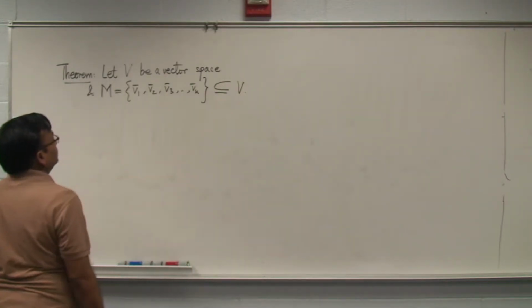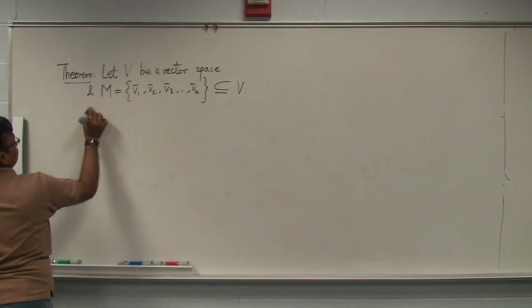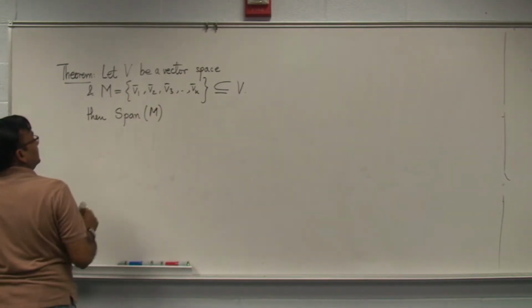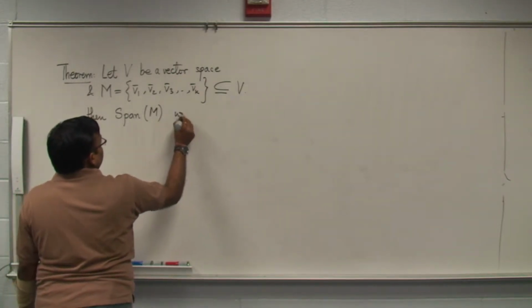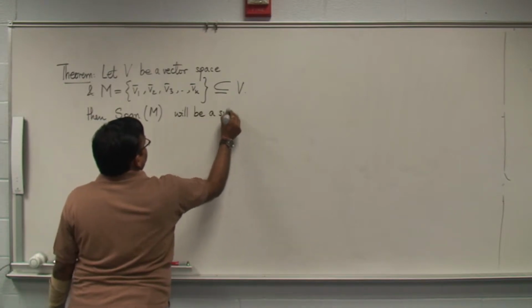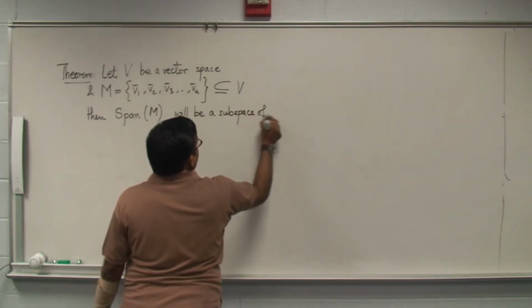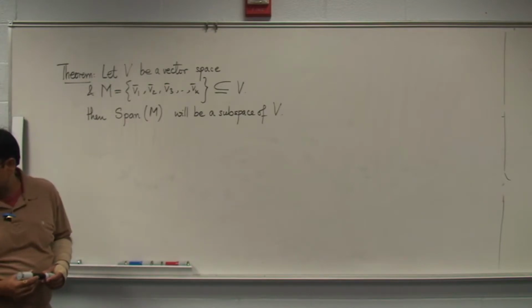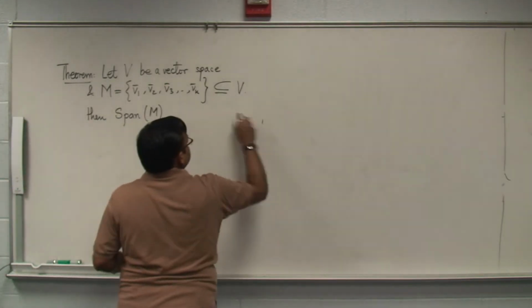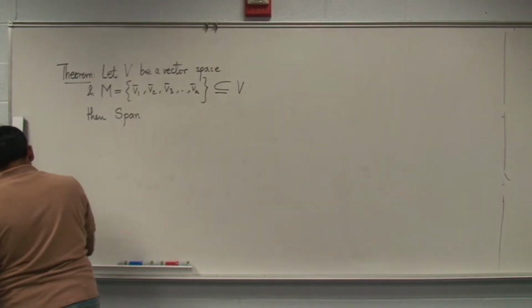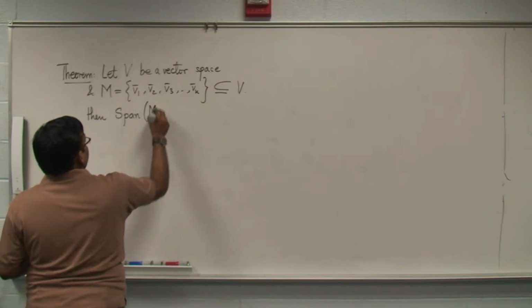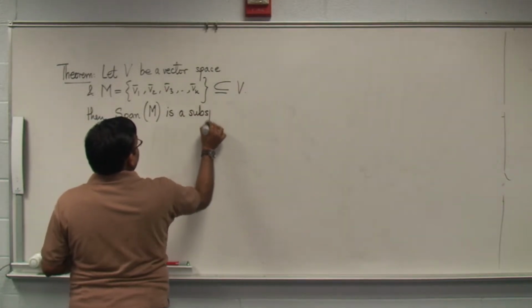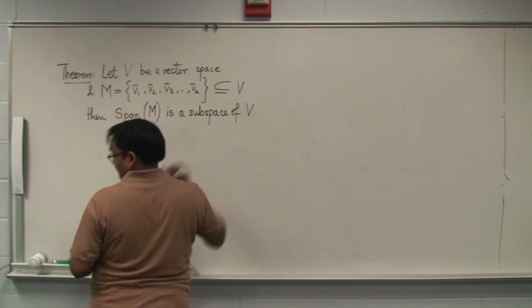So suppose this is a subset of V. Then whatever is the span of this set, span of M, is a subspace.